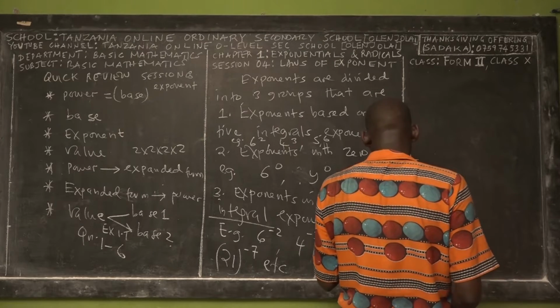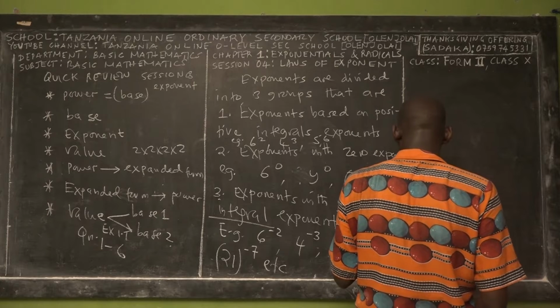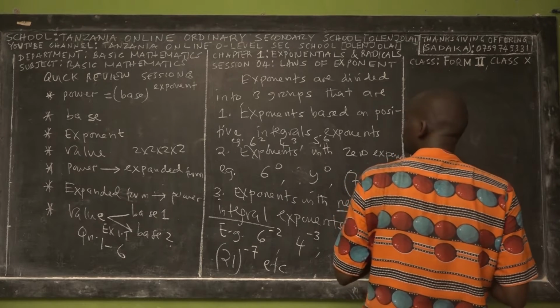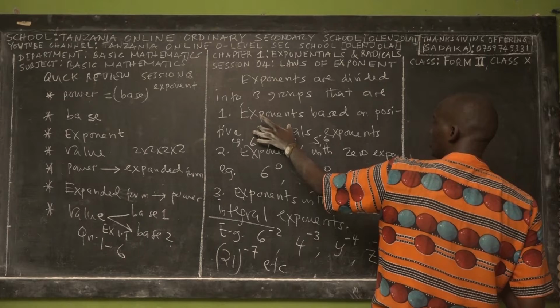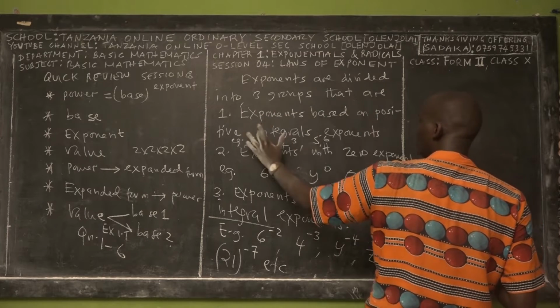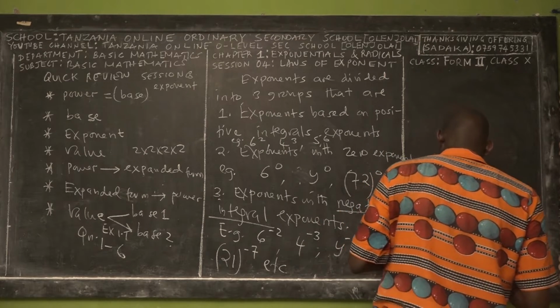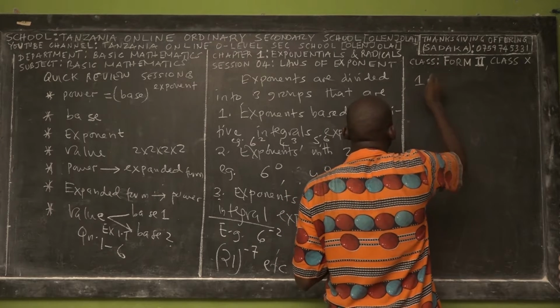So we can start with multiplication and division of positive integral exponents. So let us start with the first category, exponents with positive integrals.